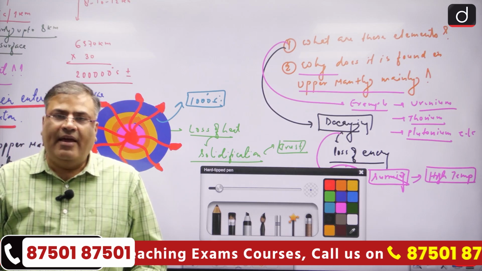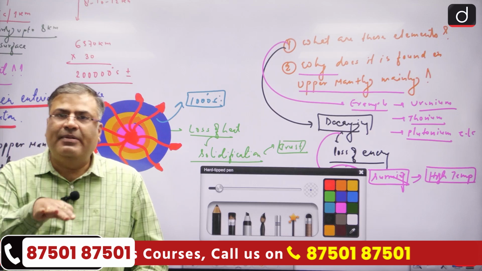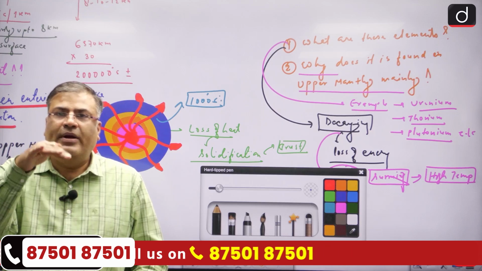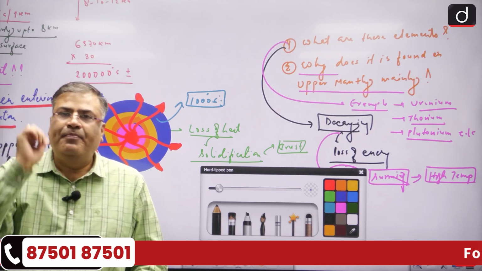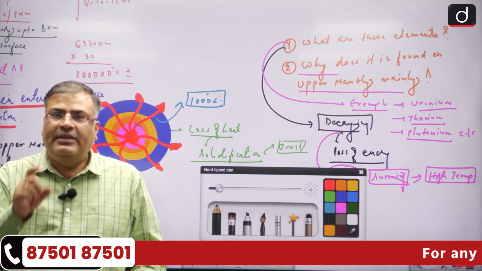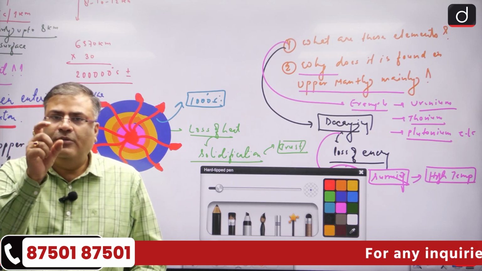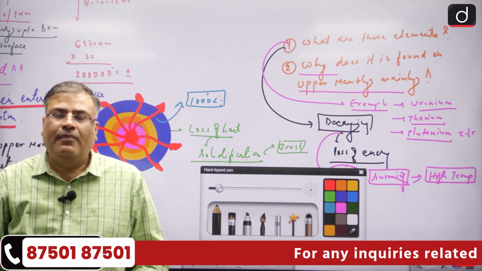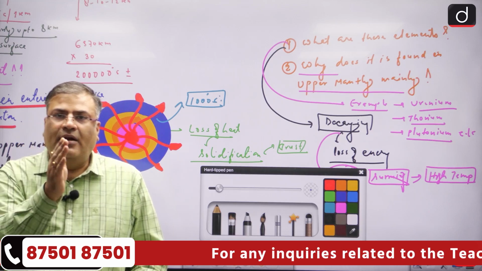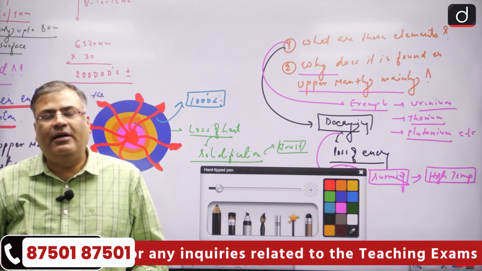And the heavier metals settled deep inside, and the lighter ones upon them. Then the density of uranium, thorium, potassium makes them settle in the upper part of the mantle.